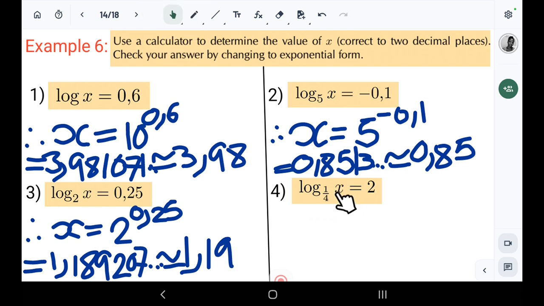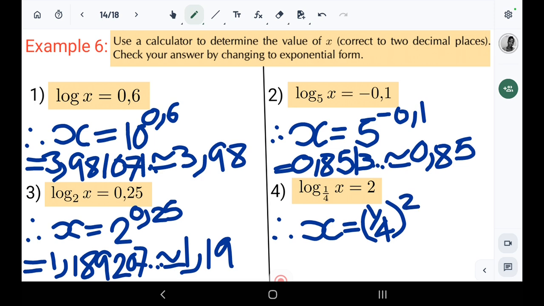The log of x to the base 1 over 4 equals 2. Let's convert that to exponential form. The number x equals the base 1 over 4 to the power of 2.